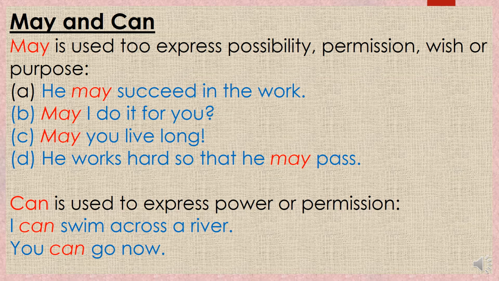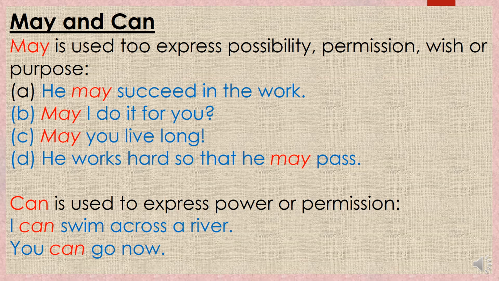You can go now. You are giving the permission that you can go now. To seek permission you use may: May I do it for you? Now you are giving the permission, so you are using can, that you can go now.